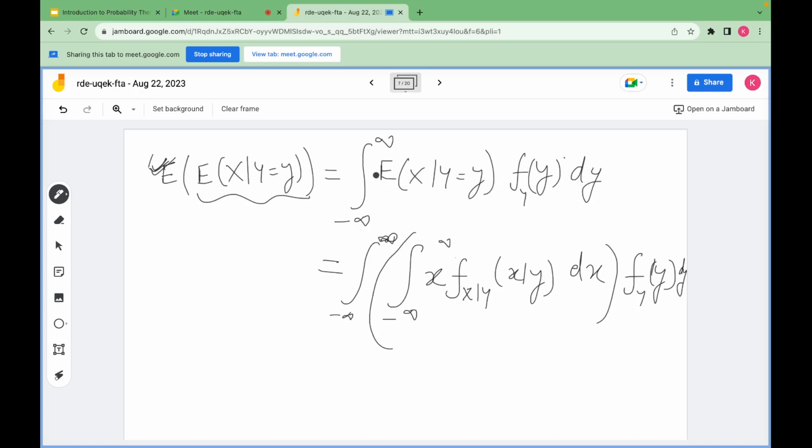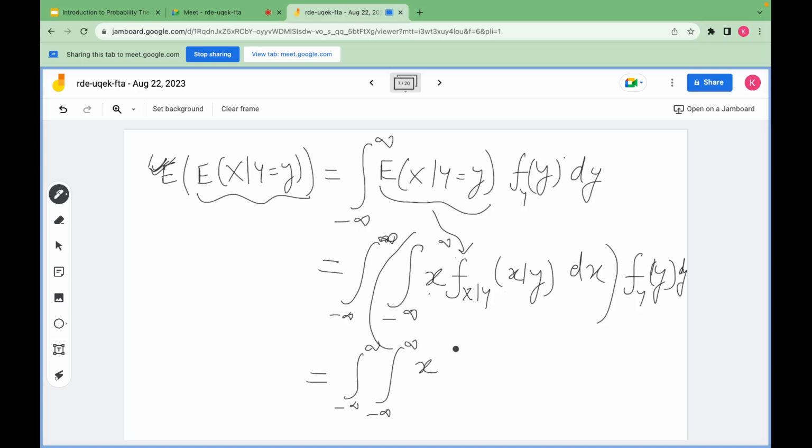Then we opened the inner expectation, which is x f_{X|Y} dx, integrated from minus infinity to infinity.